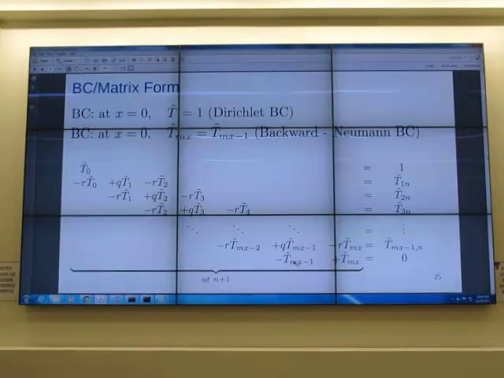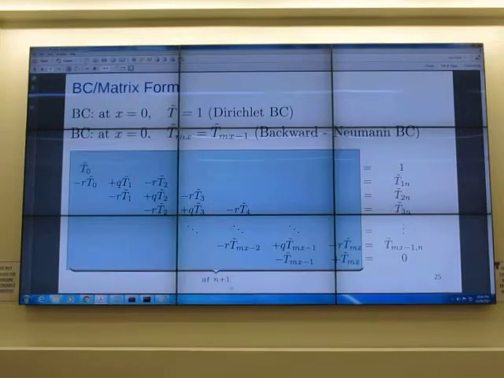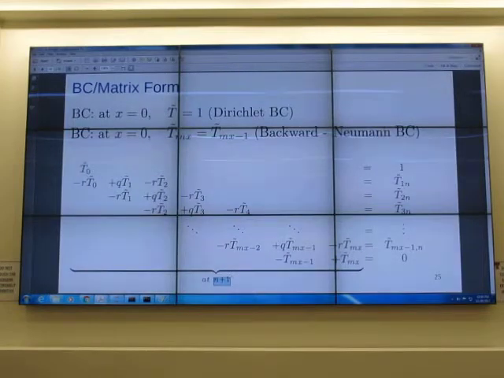But I can put every unknown on the left hand side. And guess what? Everything here is defined at n plus 1, which is unknown. But we are okay, the number of unknowns and the number of equations are the same. The right hand side is, the top is BC, the bottom is BC, and the middle is known, the previous history of the temperature, except the boundary.